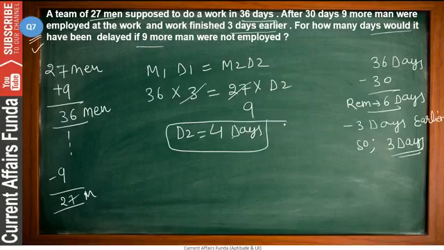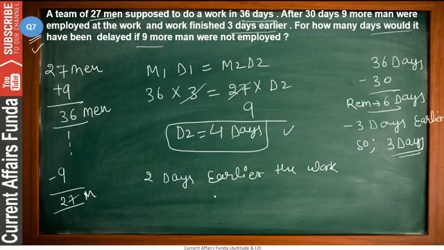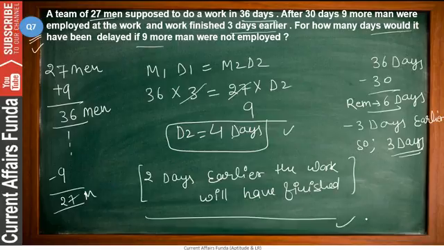Okay, so friends, from here we can conclude that if the remaining work will be completed in 6 days and we are taking 4 days, that means we can conclude from here 2 days earlier the work will have finished. Okay, so this is the basic funda to solve such kind of problems.